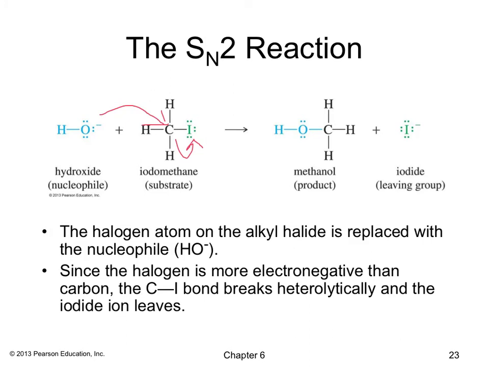And this is an SN2 reaction. What happens in an SN2 reaction is you have this whole thing happen in concert, and you have change of stereochemistry if this was chiral. But since this isn't, you don't have any change in stereochemistry.